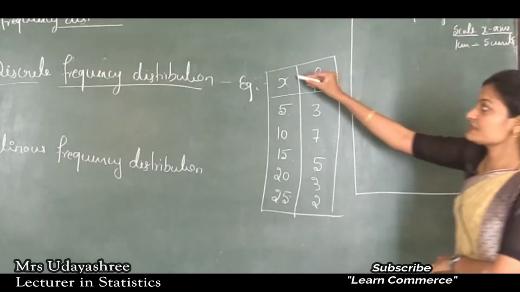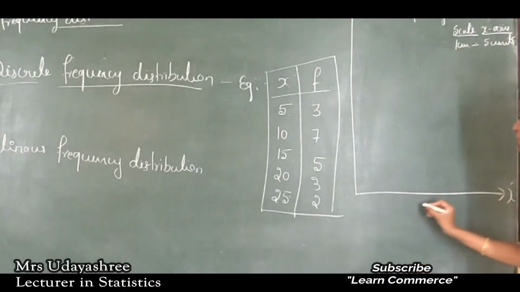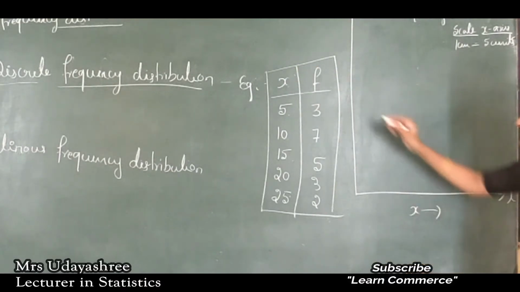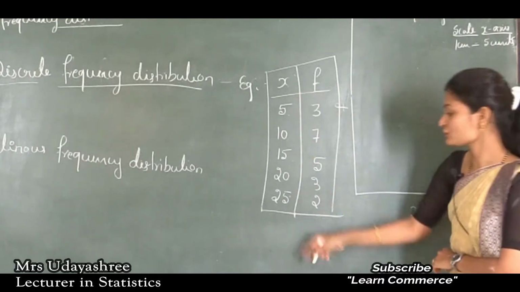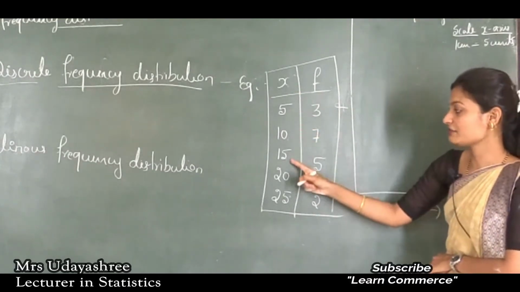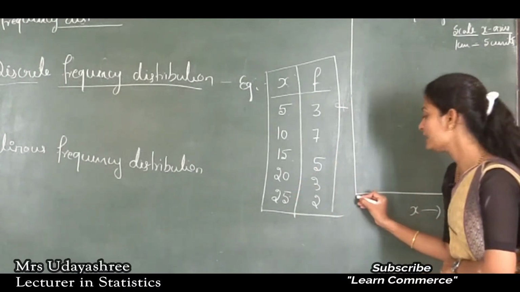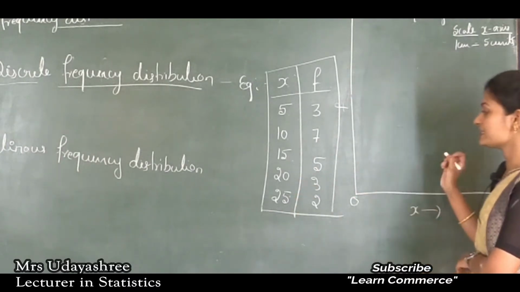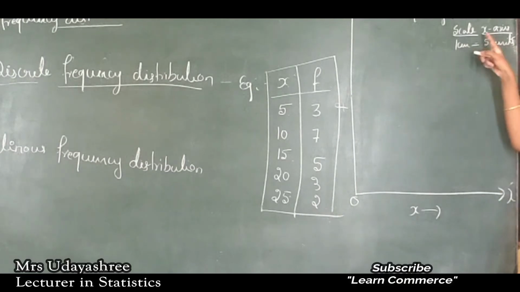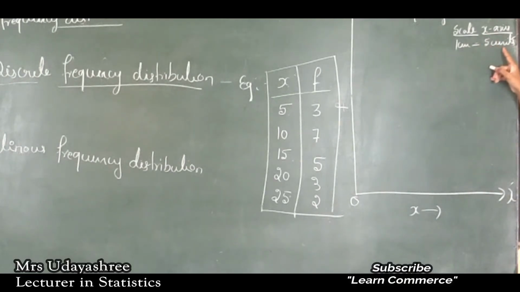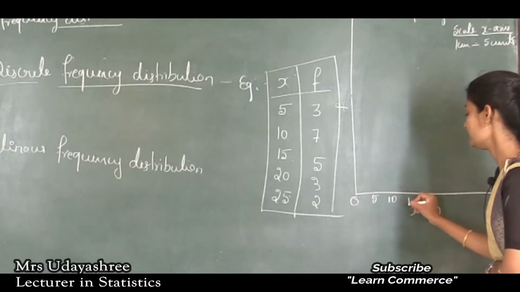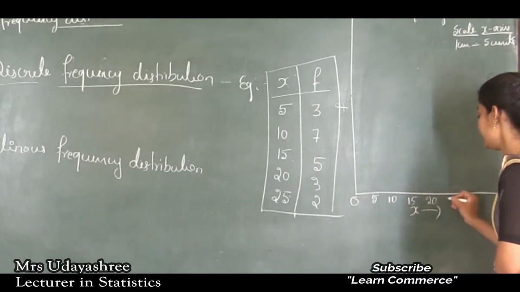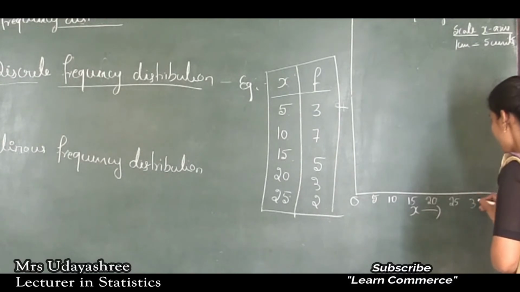The value of the variable is taken along the x-axis and the corresponding frequency along the y-axis. The origin is 0, and the x-axis values run 5, 10, 15, 20, 25 and 30.